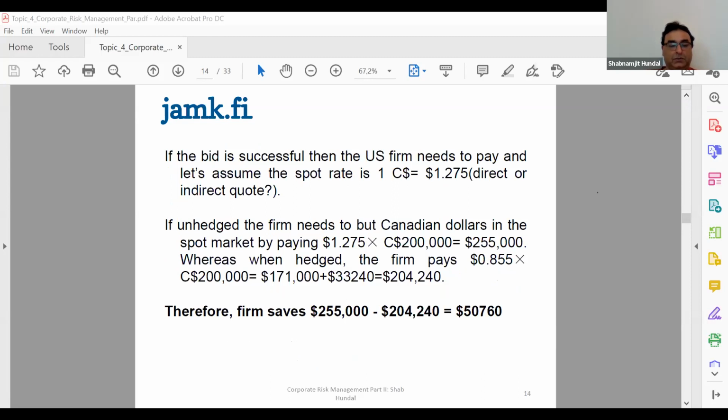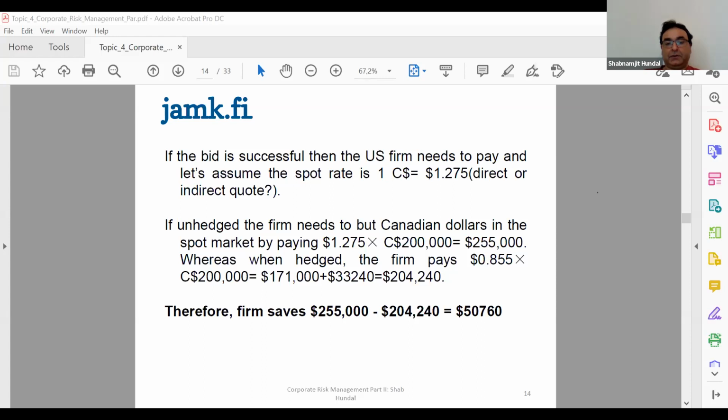So then it would be this multiplied by this. You can see that by exercising the option I'm going to pay more, but by not exercising the option I pay less.